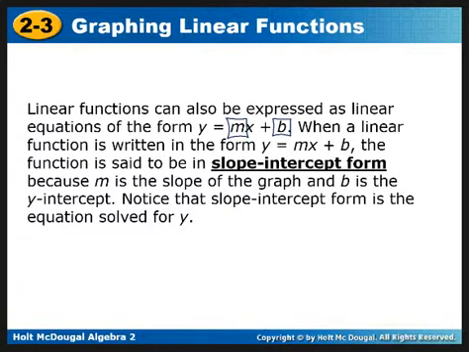The m and the b simply represent numbers. So I could say y equals 2x minus 4. The 2 would be in the place of the m, and the negative 4 would be in the place of the b. The m represents the slope of our equation, or the slope of our line. The b represents the y-intercept, or where my graph is going to cross the y-axis.